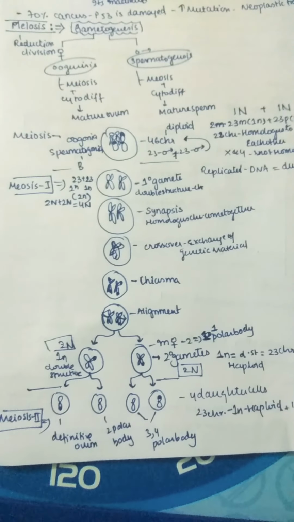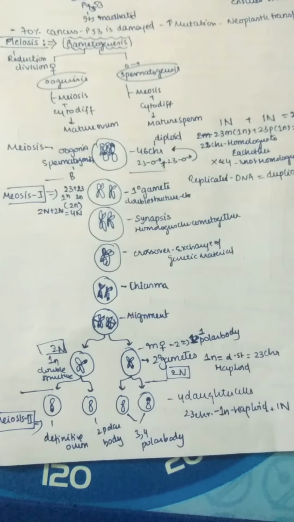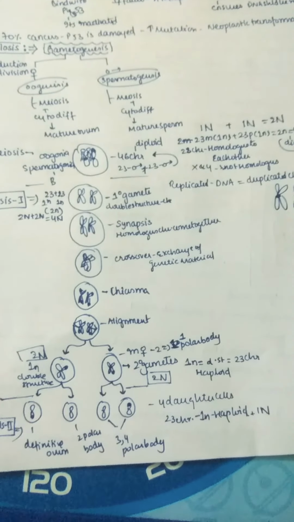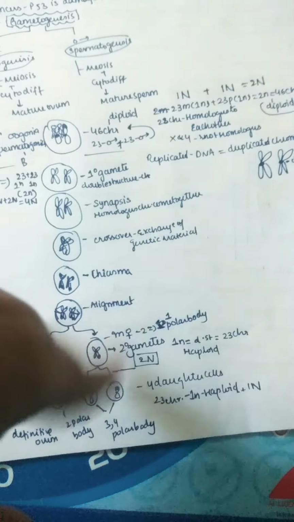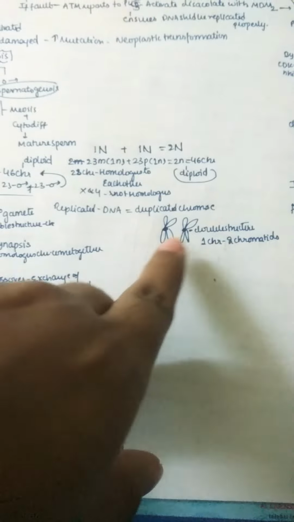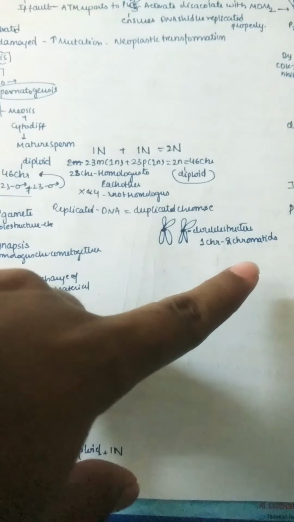So it is diploid and 4 capital N, and this is known as the primary gamete. You can see the replicated DNA and duplicated chromosome is present when starting the meiosis process. So this is a double structure, one chromosome, two chromatids.